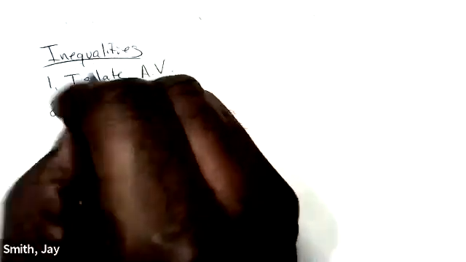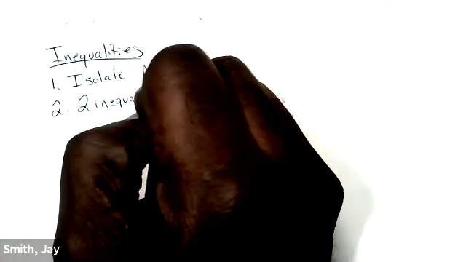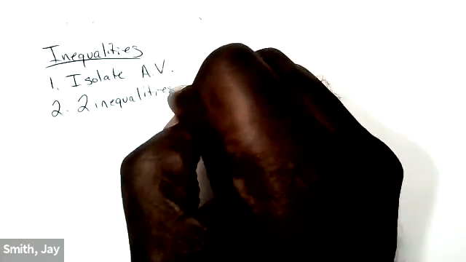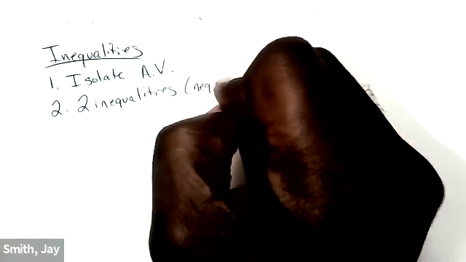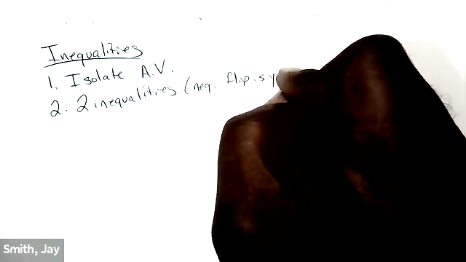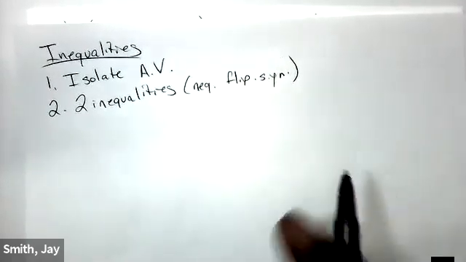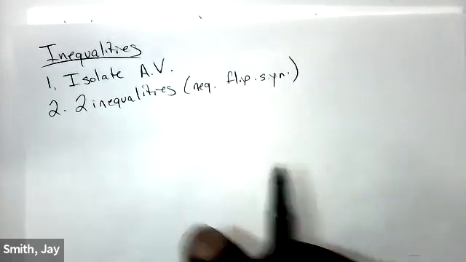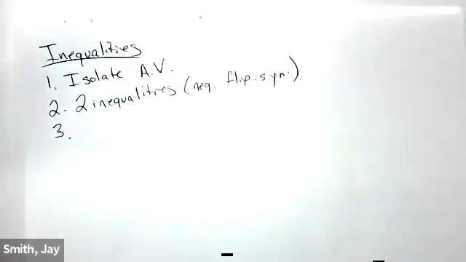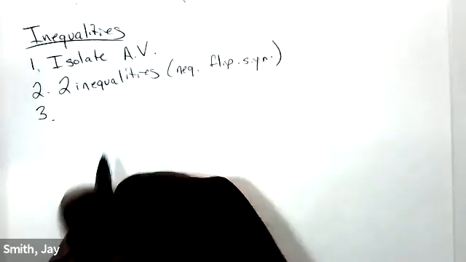Second step, you're going to have two inequalities that will account for the absolute value, accounting for both the positive and the negative. And don't forget that if we divide by a negative, flip the sign. And then lastly, once we have those two inequalities accounting for both the positive and the negative of the absolute value inequality, we're going to solve.